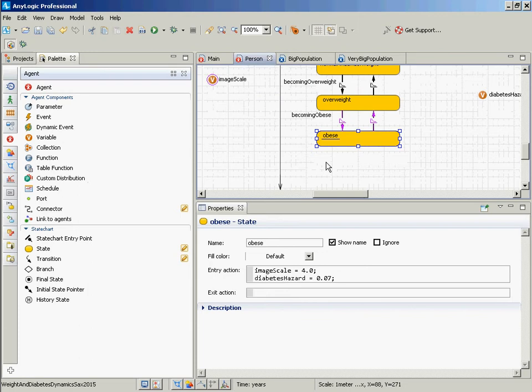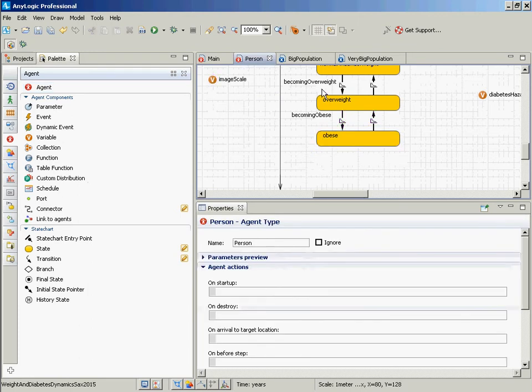Okay, so suppose we want to accumulate cumulative obesity years, not just how long someone has spent in a given bout thus far, but they may lose the weight and then come back in here, and that will predispose them to diabetes. So how do we do that?